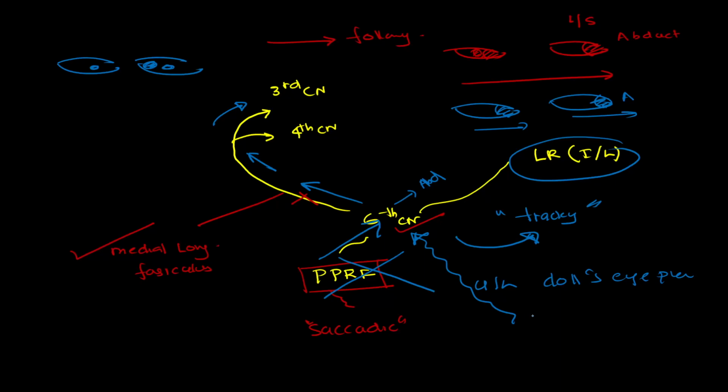Now, there is something called the vestibulo-ocular reflex as well. I'm not using this video to go through that, but that is also involved in such motions. But the thing I have to say is that it's very hard to distinguish the sixth cranial nerve from the PPRF, but by a few motions you can do so.